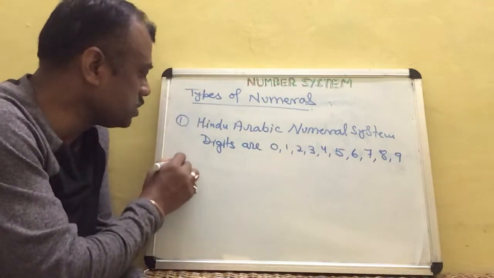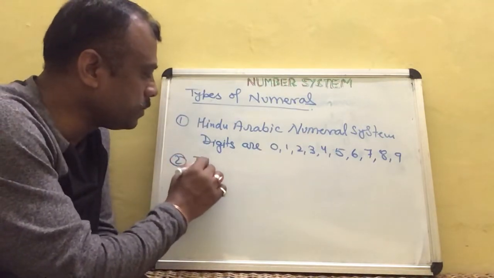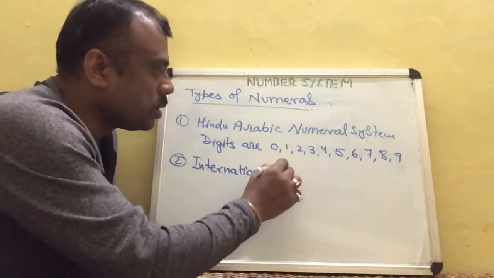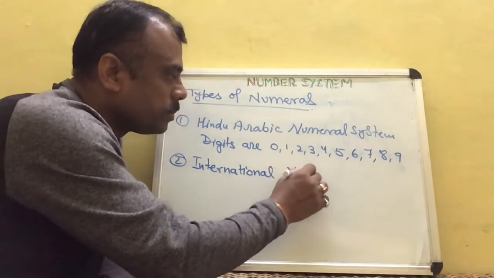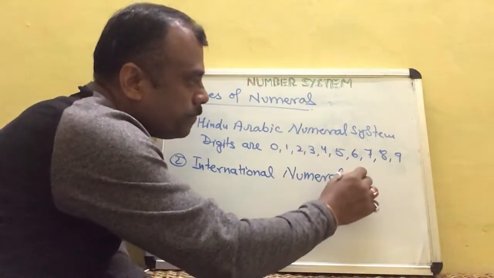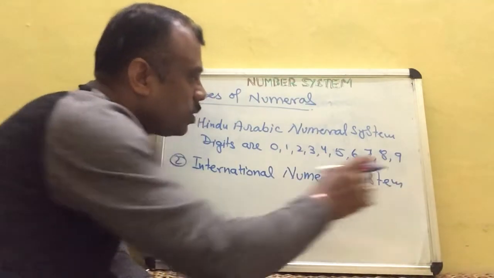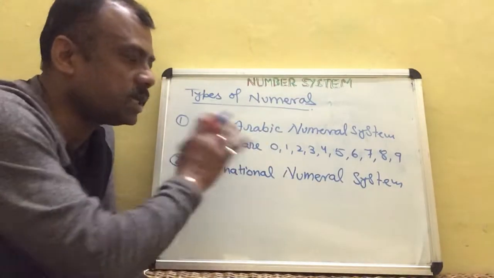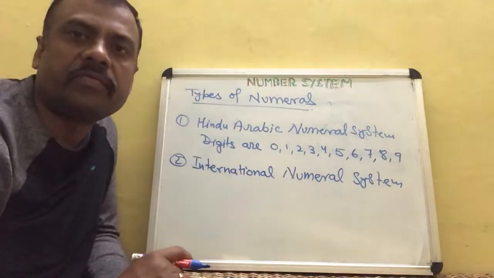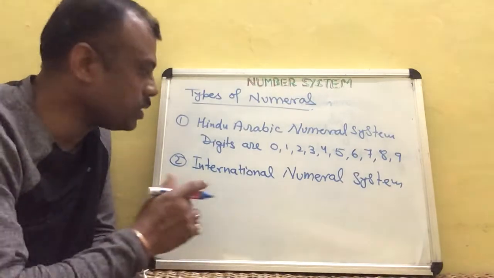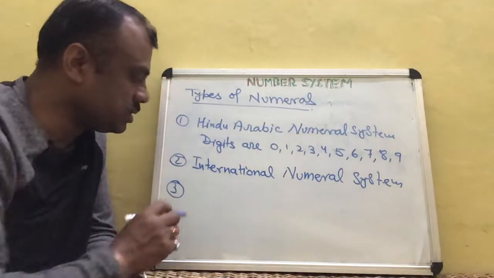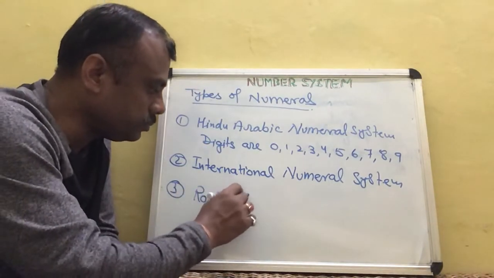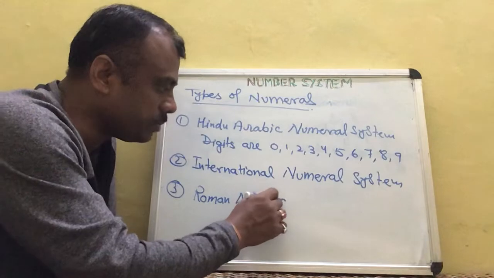Another system is the international numeral system. Here we use the same number of symbols, the same digits, but in a different way. Next is the Roman numeral system.